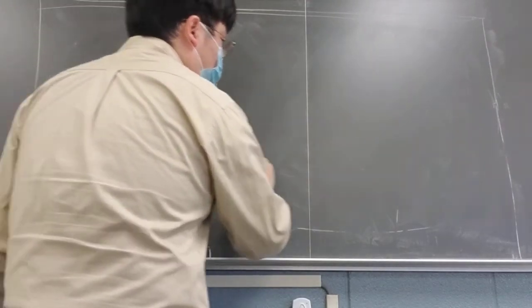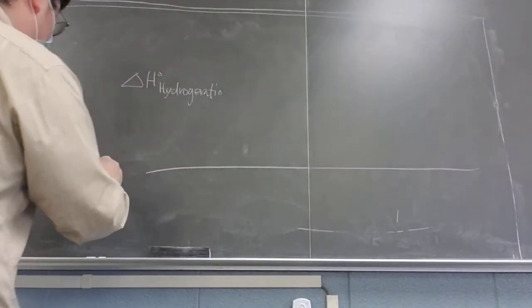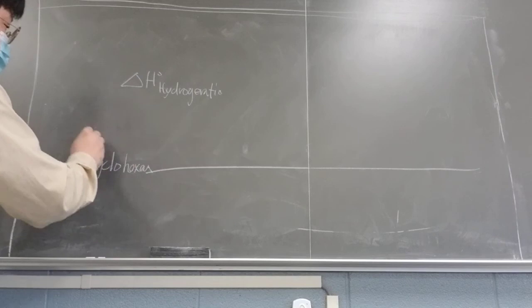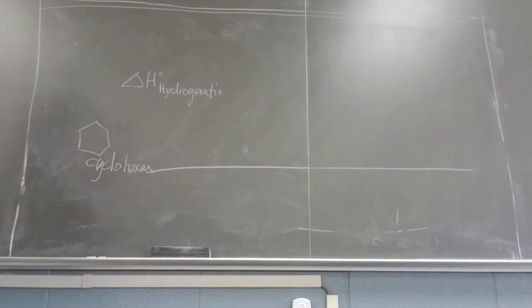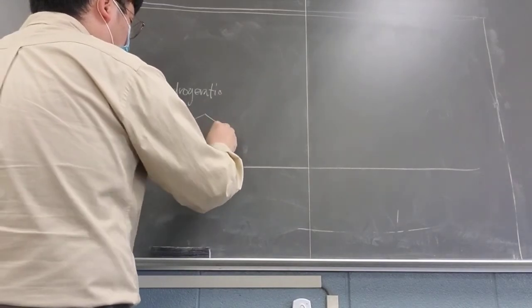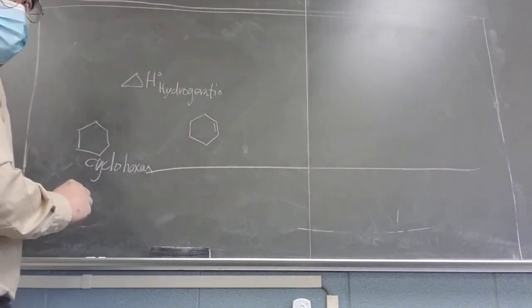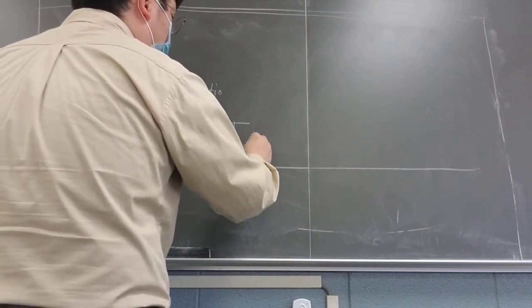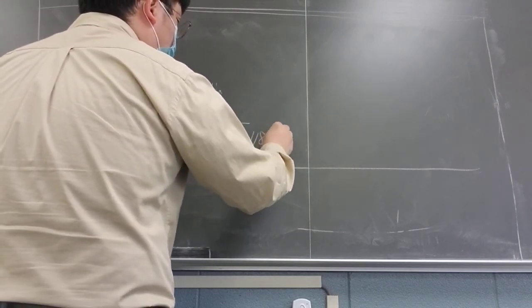With your base being cyclohexane, which has no double bond in any part of your ring structure. But you have a one over there. Okay, the energy gap between these two was 118 kilojoule per mole.